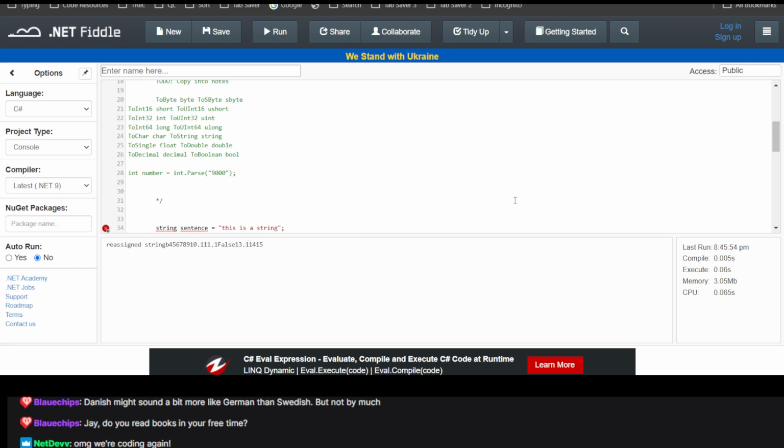Let's see. Let me find where it talks about double and decimal. Oh, here we go. If a number contains a decimal point, it becomes a double literal. The double type can store the biggest... Oh, it's true.